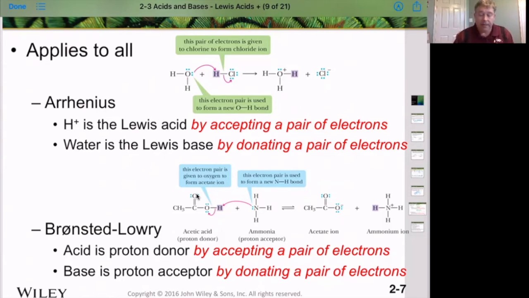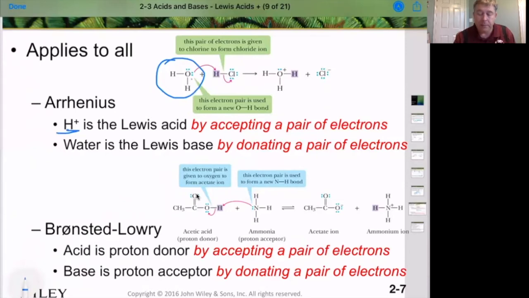So for example, in the case of hydrogen, hydrogen plus is a Lewis acid because it's accepting a pair of electrons to create a new covalent bond, okay? So it is a Lewis acid. And in the case of the Arrhenius situation, we have water, which is a weak Lewis base.